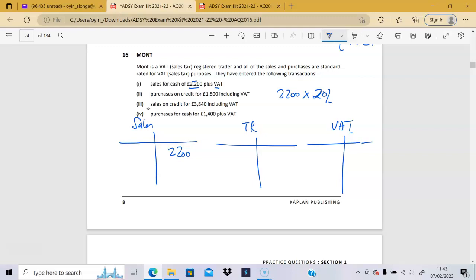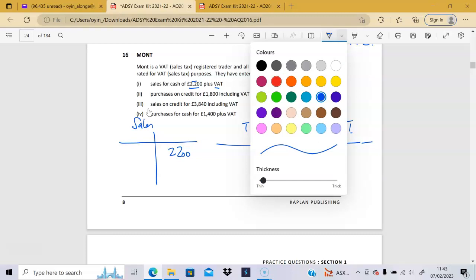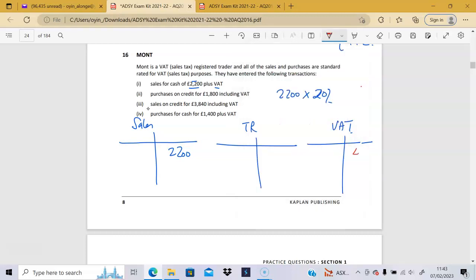So the VAT in relation to this sale is 440. Now, of course, the full amount will come to you, which is the addition of the two. So the customer will pay you 2,200 plus 440, that's 2,640, right? So that's how we manage that bit there. And that's the first bit.